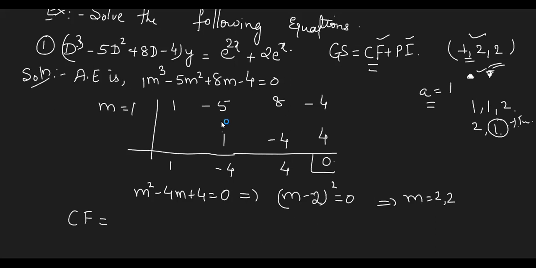Roots are 1, 2, 2. They are all real. One is distinct, the other two are equal. Tell me now, what is it? C1 e raised to x plus (C2 plus C3x) into e raised to 2x.